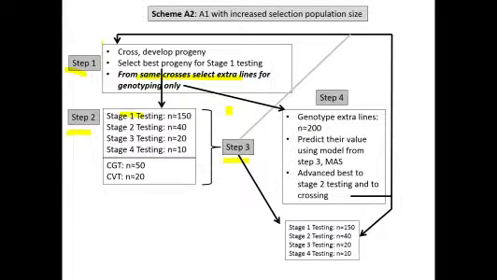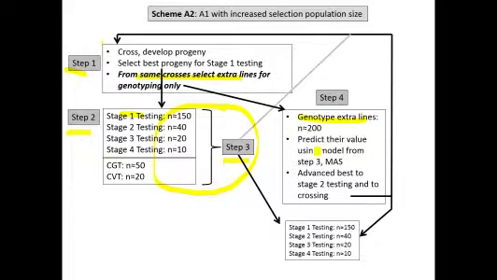So now you take all your phenotypic data and genotypic data from those lines, you build your genomic selection model. Your extra lines that you had set aside are going to be genotyped. Using that genomic selection model you just built in Step 3, you predict the value of each of your extra lines.